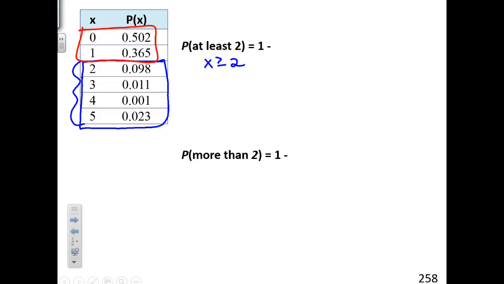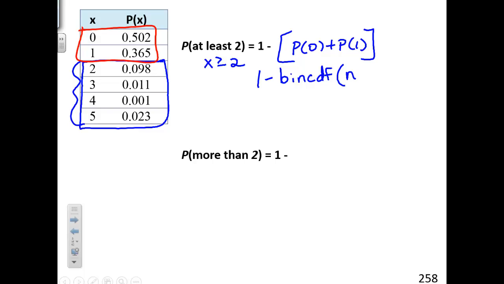So we need to do 1 minus, and then what the calculator is going to do for you is the probability of 0 and add the probability of 1. Now what you would need to enter into the calculator to get it to do that, the table's there for you, but we would need to use 1 minus Binomial CDF, and then you would have your number of trials, your probability, but what x value would we use?